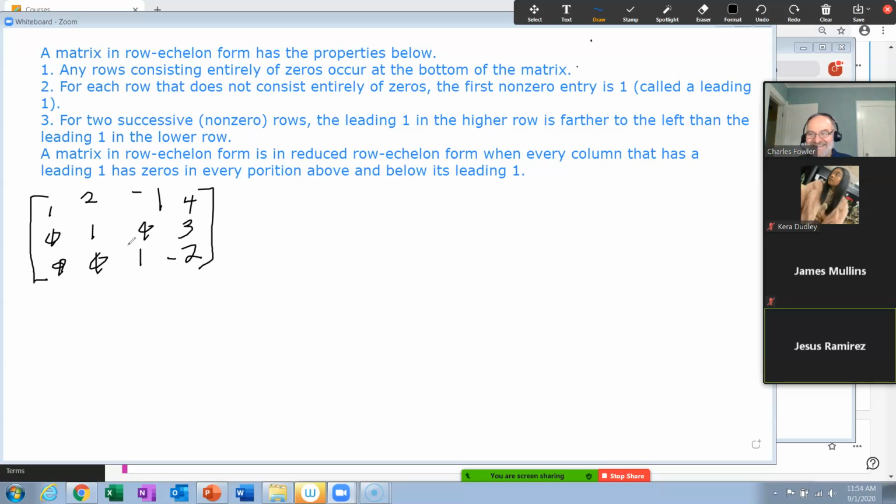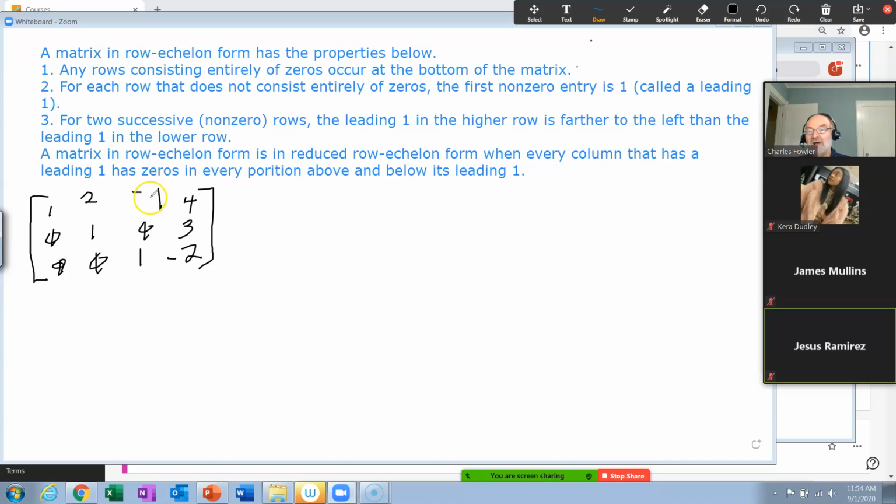No, because look, this first leading one has zeros all below it, that's fine. The second one has zeros below but not above. So this 2 would just by itself knock it out of being reduced row echelon. But not only that, this leading one has a 0 above it but not here too.